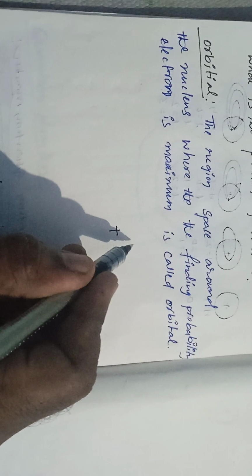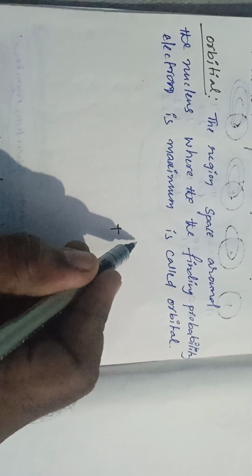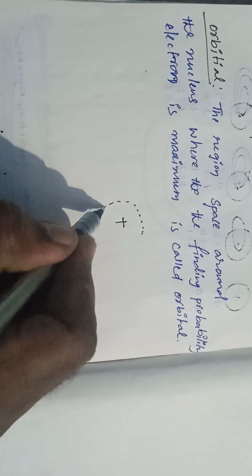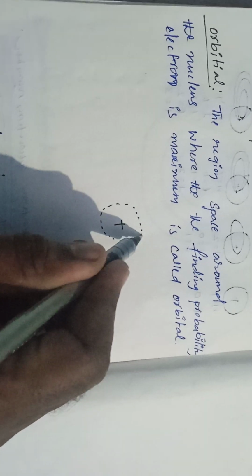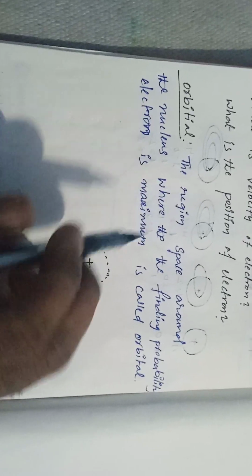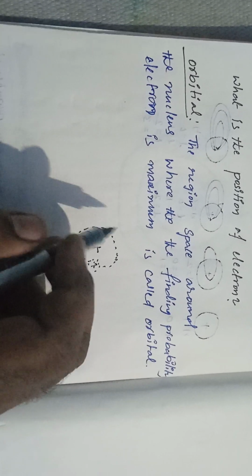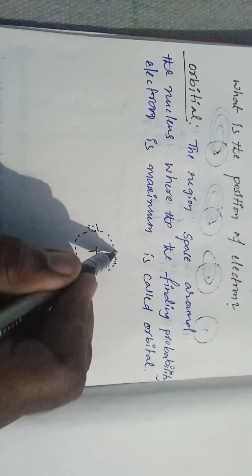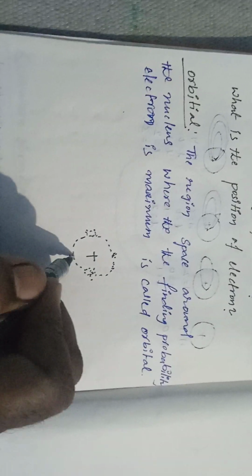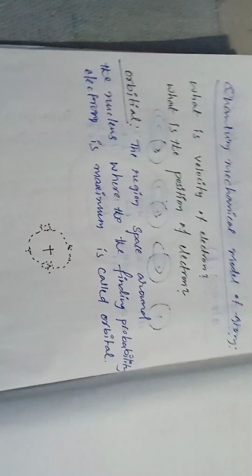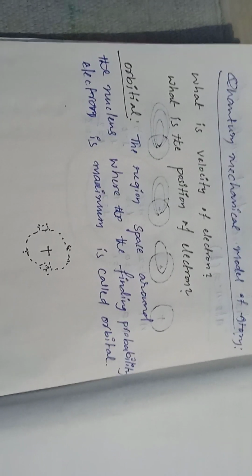According to Bohr's model, the electron revolves around the nucleus in circular paths. But according to the quantum mechanical model, the probability of finding the electron is maximum here, here and here, and that region is called an orbital. This is about the quantum mechanical model.